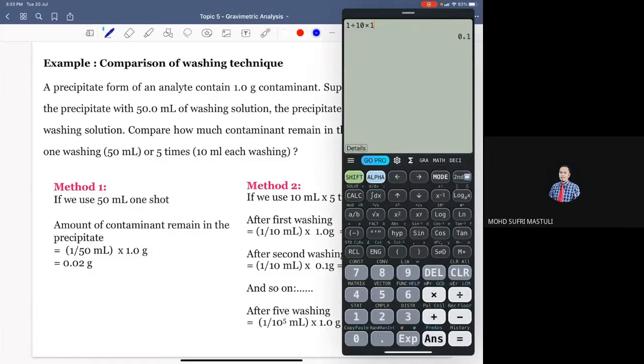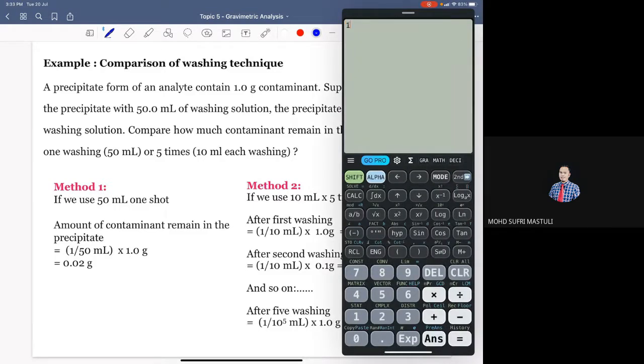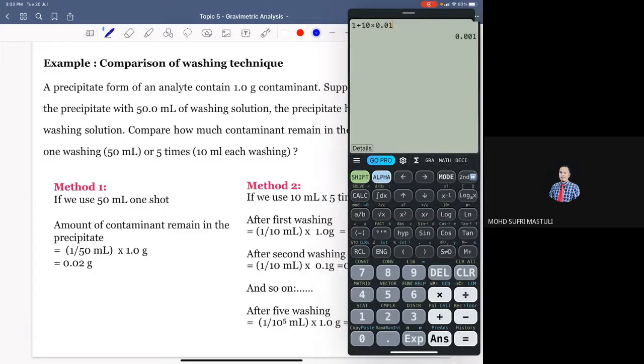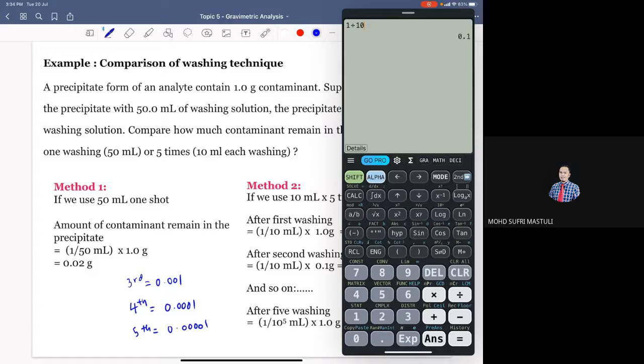Then if we wash again, 1 over 10 times 0.1 gives 0.01 gram. The third leaves 0.001, the fourth will remain 0.0001, and the fifth will remain 0.00001.